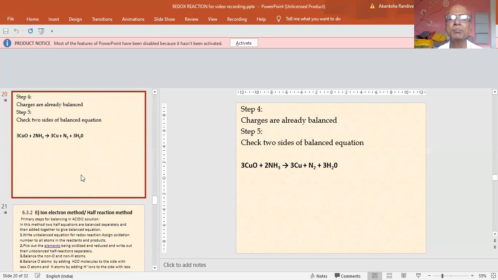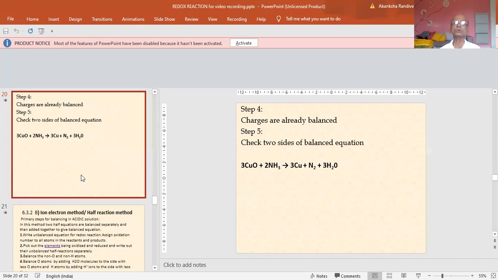And the step 5, check two sides of balanced equation. So to the left hand side and to the right hand side, the number of atoms, they are balanced, that is to be checked. So to the left hand side there are 3 copper, to the right hand side there are 3 copper. There are 3 oxygen to the left hand side, to the reactant side, and 3 oxygen atoms to the right hand side.